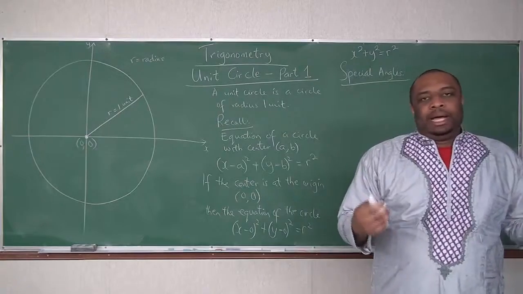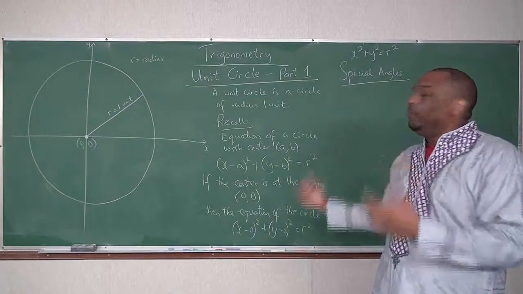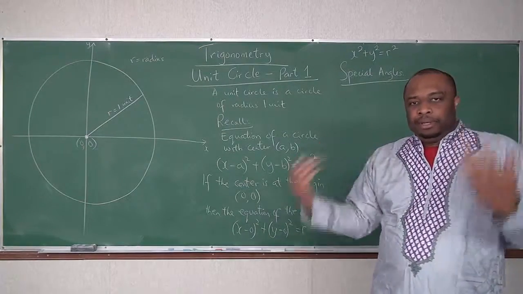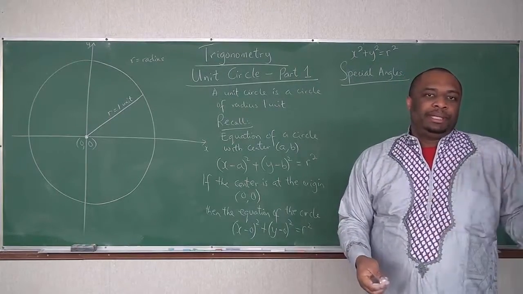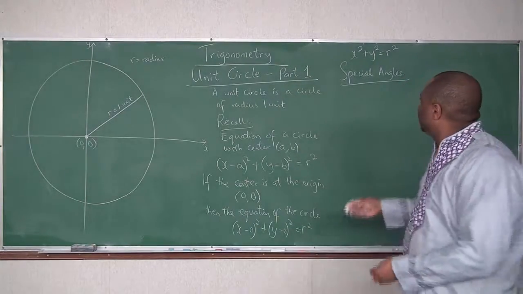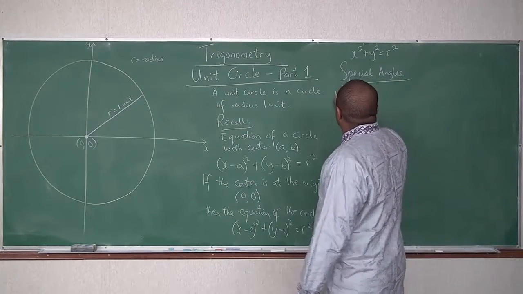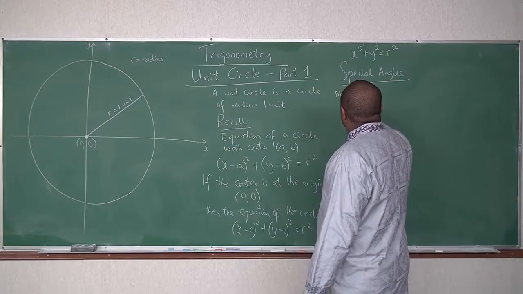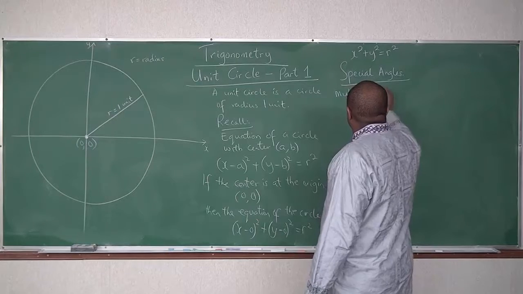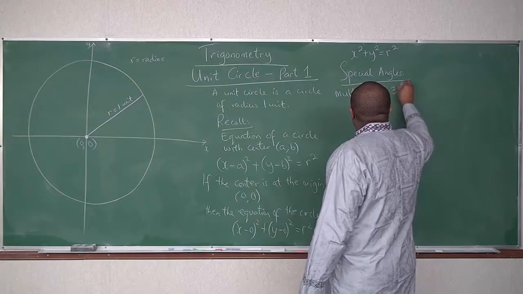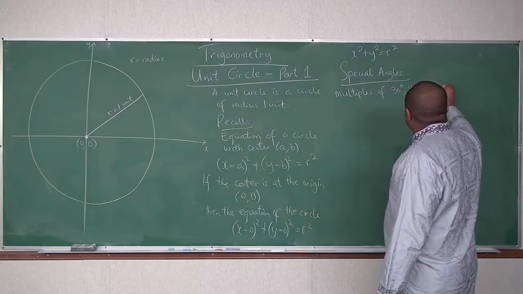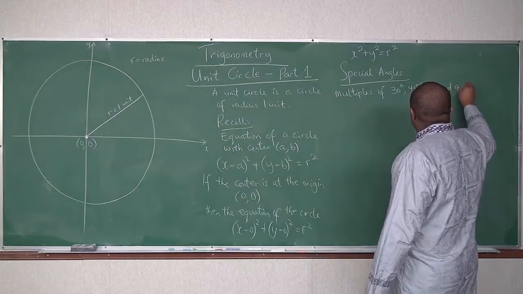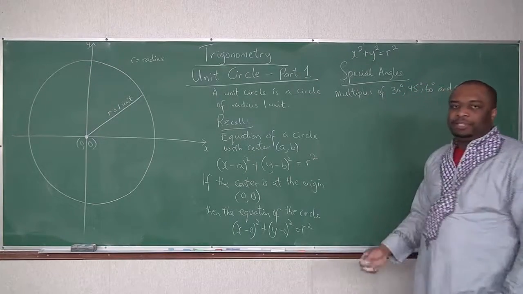Special angles are the multiples of 30 degrees, 45 degrees, 60 degrees, and 90 degrees. Those are special angles.